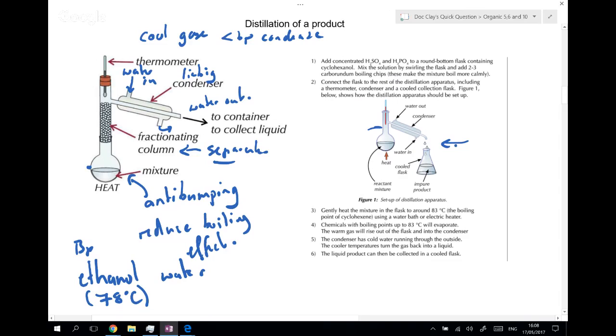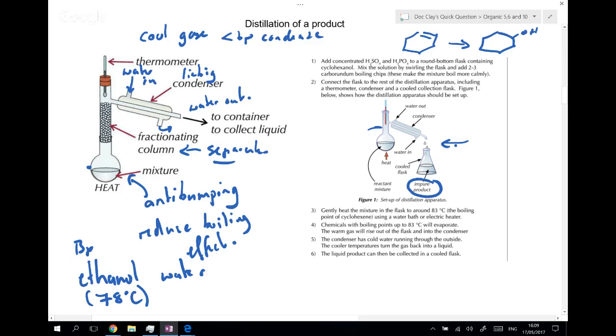In this case, rather than separating ethanol and water, we're going through the process of reacting an alkene, in this case a cyclohexene, which looks like that with the double bond in, to form a cyclohexanol. The thing about this particular reaction is that because we've not got this large fractionating column, we get an impure product out at the end.